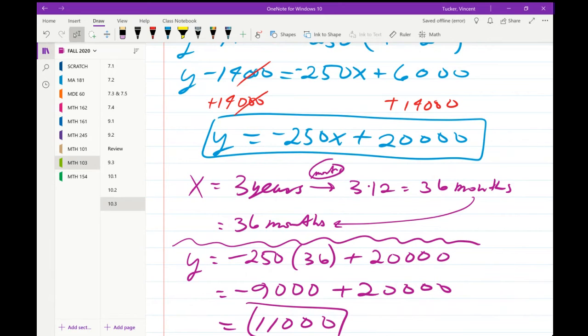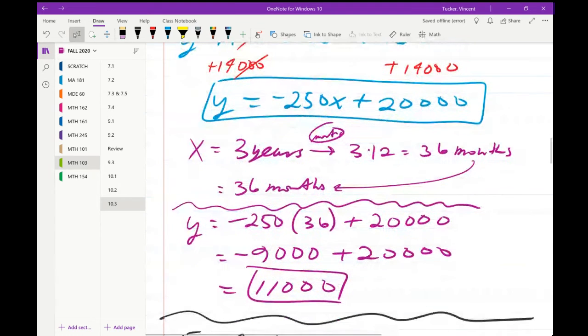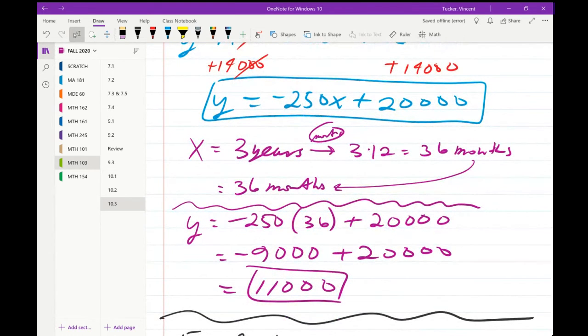So once again, this function, this relationship does not work if you leave it in years, because they told you initially that it was for months. So we plug in 36. Negative 250 times 36 is negative 9,000. Add that to 20,000, and that'll give you 11,000.